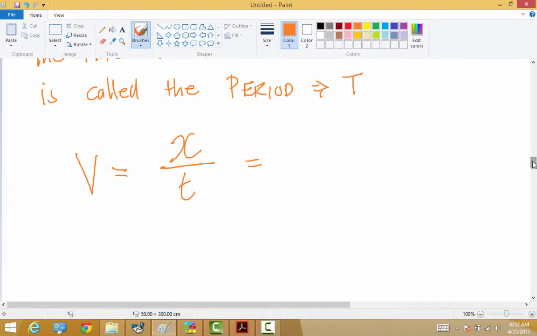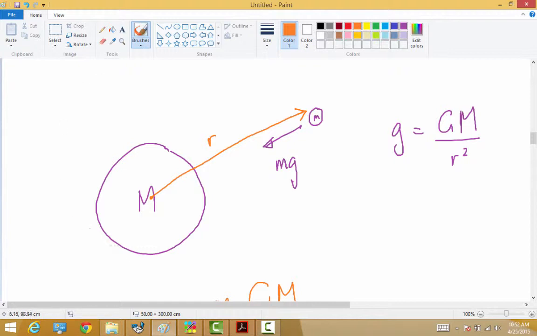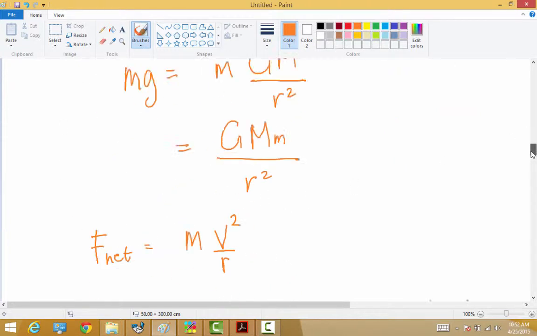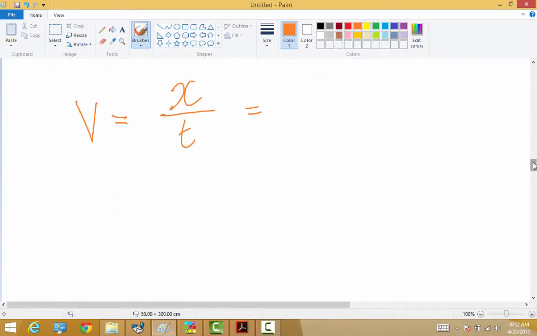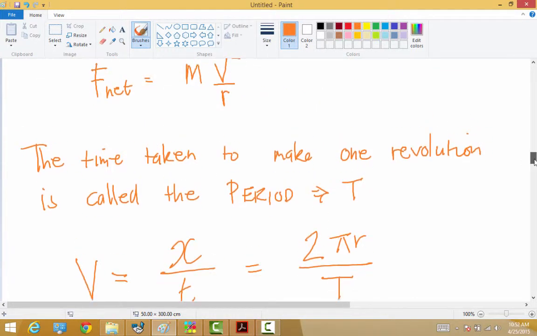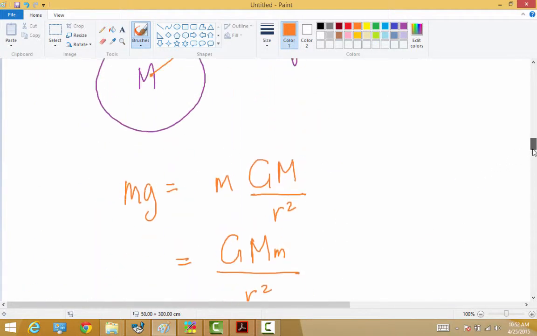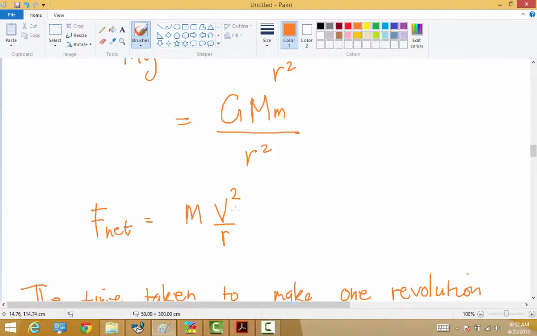And since the motion is circular, so one circle, the circumference of one circle is equal to 2 pi r, and if we let the time in this case be one period, it's equal to T. So if we substitute this, v equals 2 pi r over T, the period, into this formula.